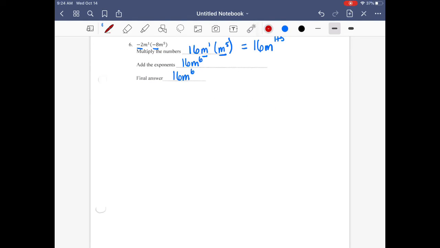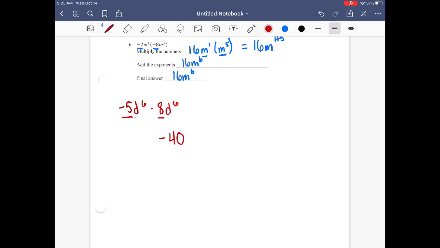So we are going to continue and do 2 more examples just to make sure we're really clear how to do this. So we are going to do this problem, negative 5d to the 6th times 8d to the 6th. So once again, the first thing you want to do is multiply those coefficients right here. So negative 5 times 8 would be negative 40.